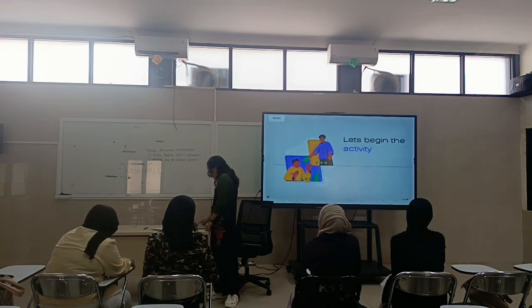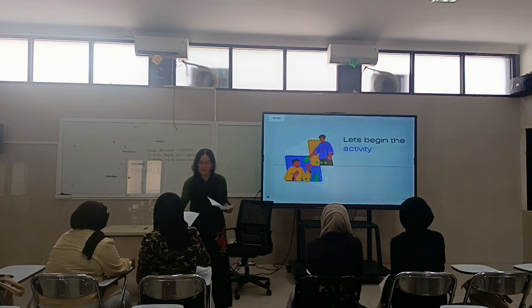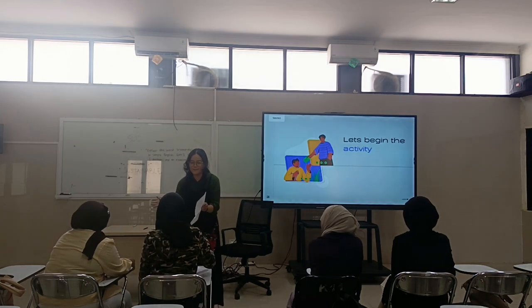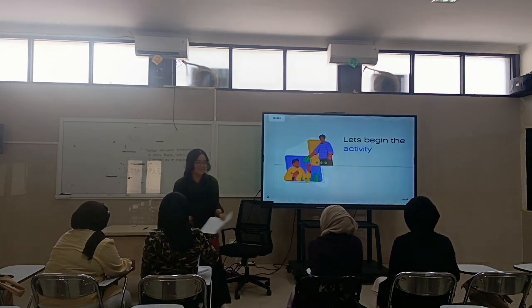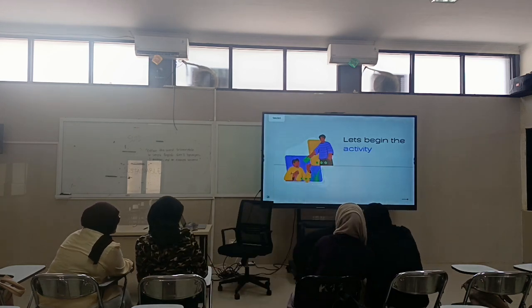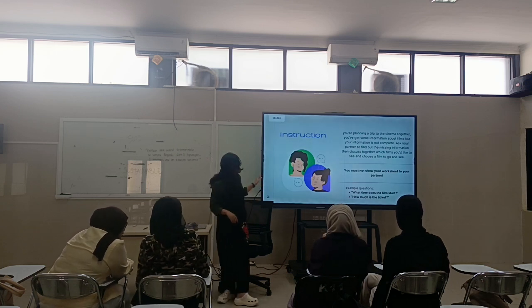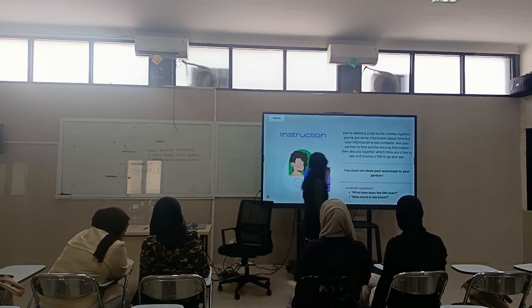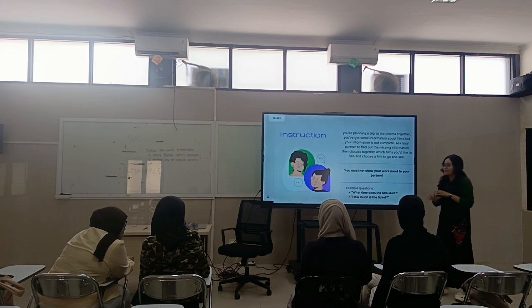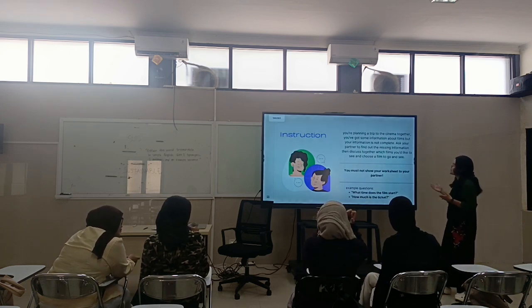Okay, so let's begin the activity. Here are the worksheets. This is group A and this is the structure we have today. Imagine you're planning a trip to the cinema together.